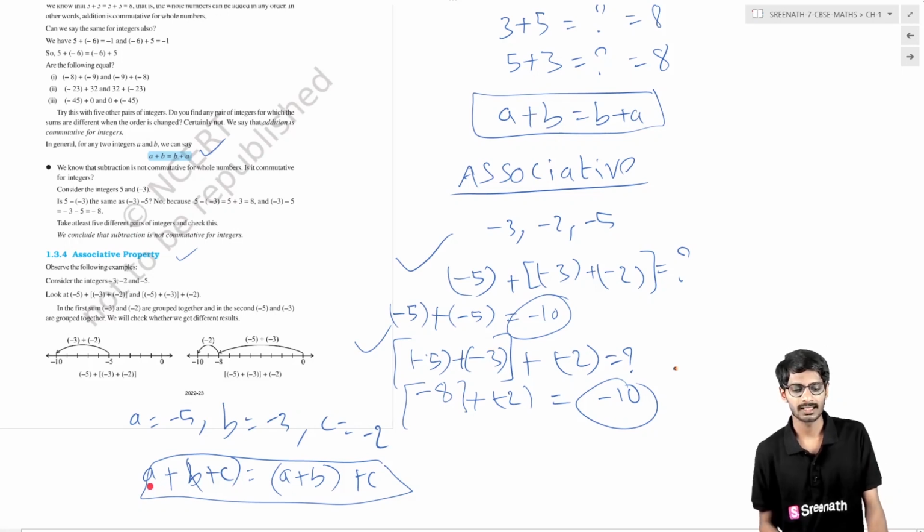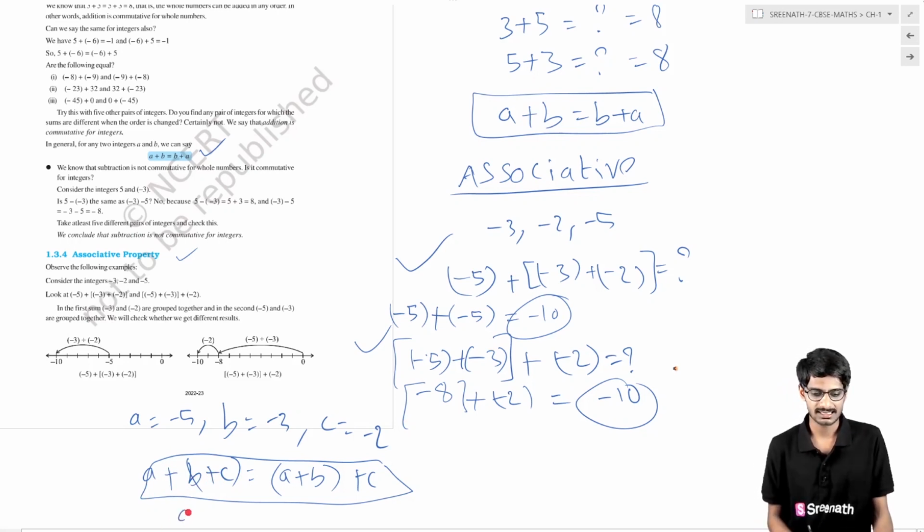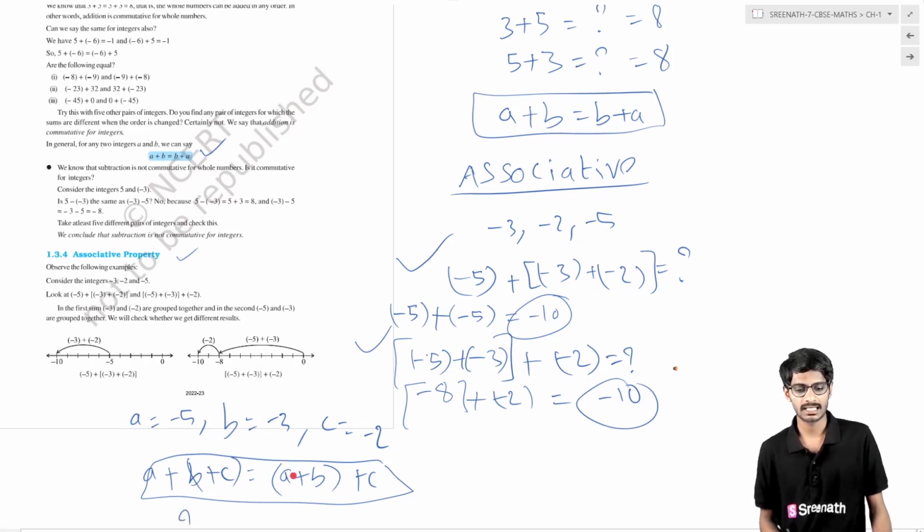If we add a and (b plus c) at a time, after adding b plus c, if we add it to a, you will get some result. And after that, if you add a plus b at a time and then add c to the resultant, and you get some result, if both the results are equal, then we say that it satisfies the associative property.